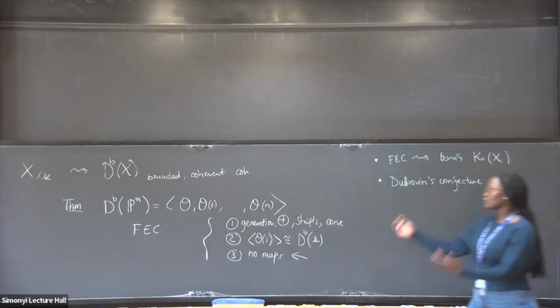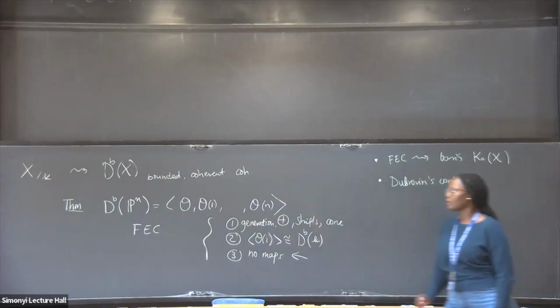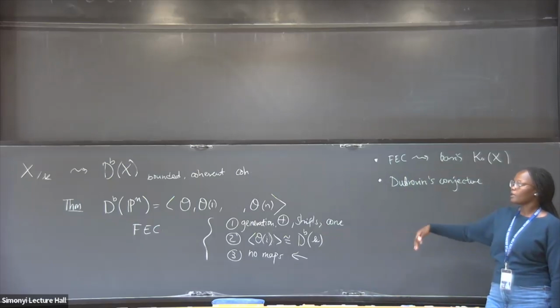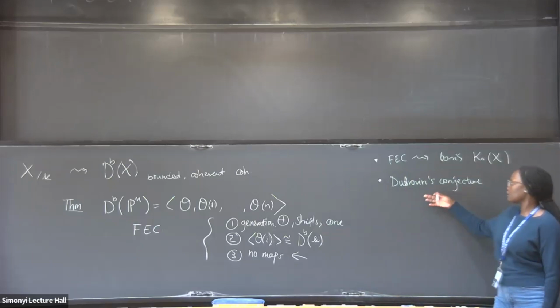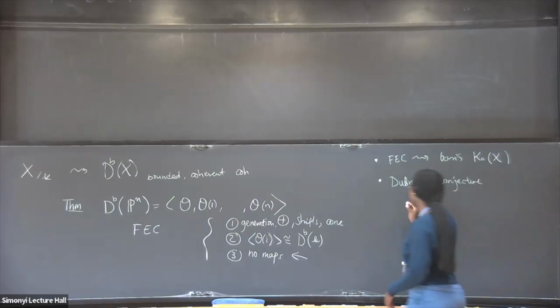He then conjectured that more generally, for a smooth projective toric Fano, having such a structure of a full exceptional collection is equivalent to this big quantum cohomology being semi-simple.